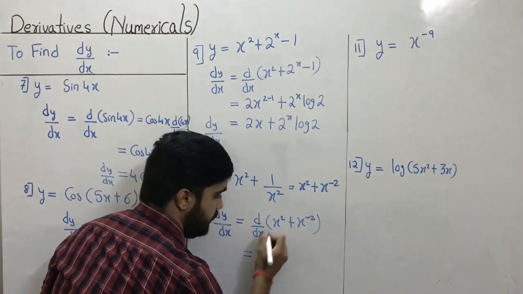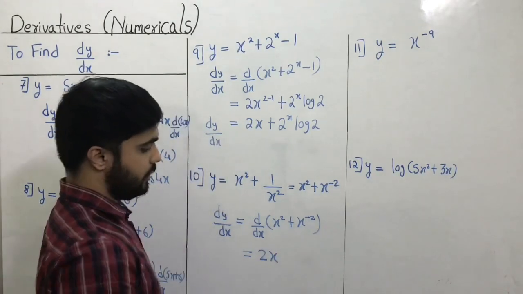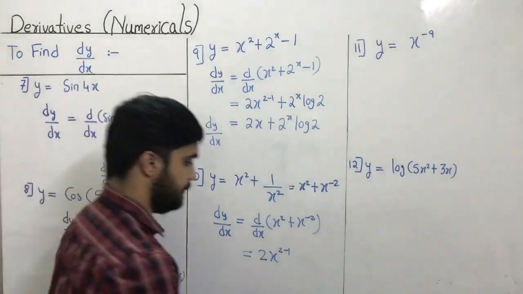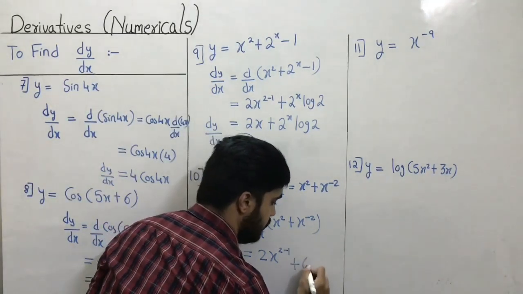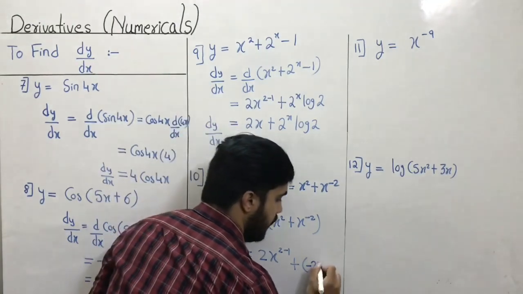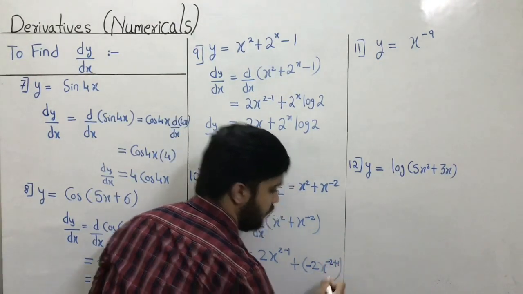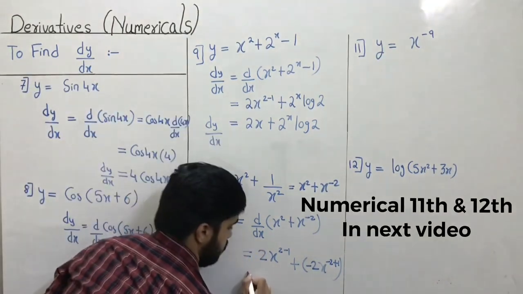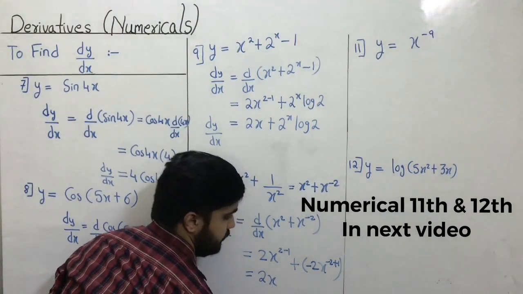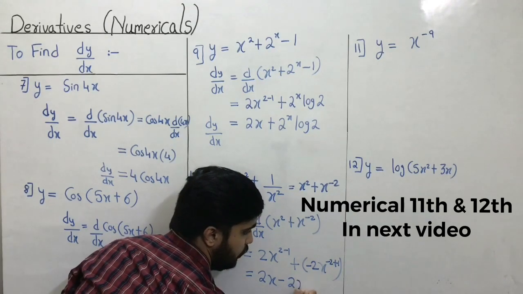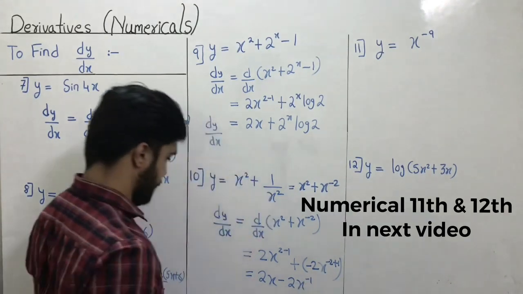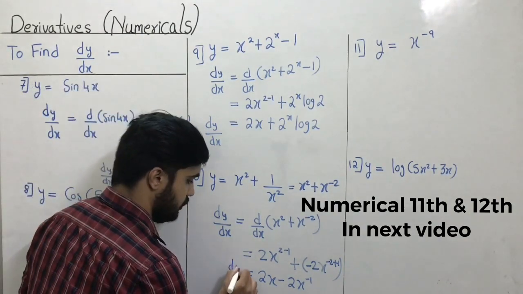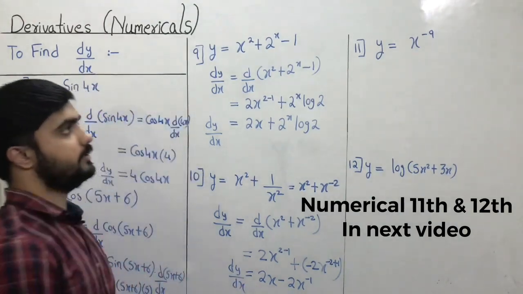So x square gives 2x raised to 2 minus 1, plus this will be minus 2x raised to minus 2 plus 1. So this will be 2x minus 2x raised to minus 1. So this is the derivative of this function, dy by dx.